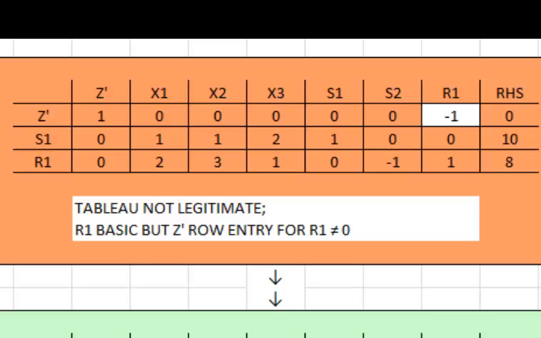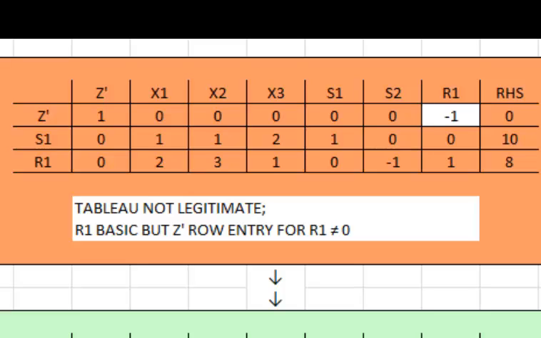So I have set up the first tableau, and I noticed that this tableau is not a legitimate tableau because R1 in this case is a basic variable, but in the z prime row, the entry under R1 is not 0. A legitimate tableau has the basic variable associated with a column of the identity matrix.